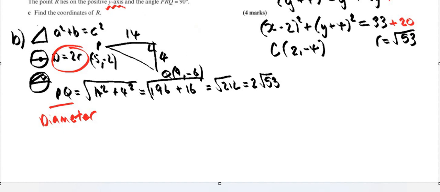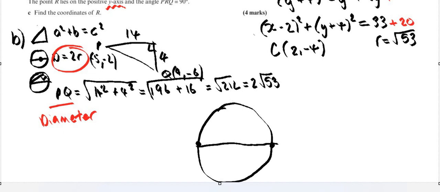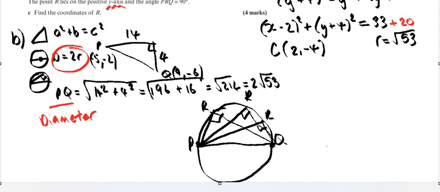Well, if I've got a circle, and I know that P and Q are my diameter, then any point that I draw, that's P and that's Q. If this is R, that is 90 degrees.